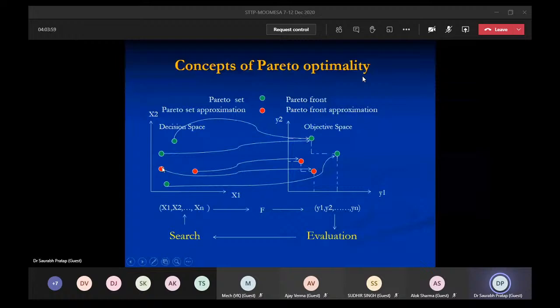Actually, the Pareto front is a curve, like I will show in the next slide. So after getting the solution, previously it will search in the solution space and identify the solution, and after that, after the evaluation on the basis of the fitness function, the solution will be determined.